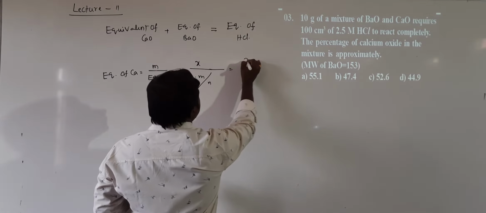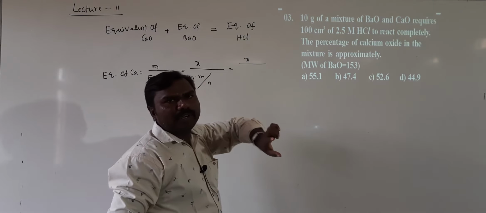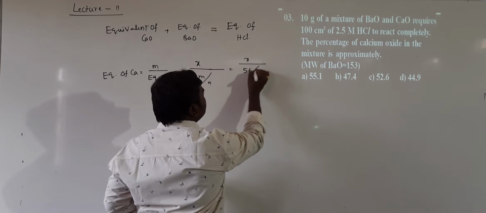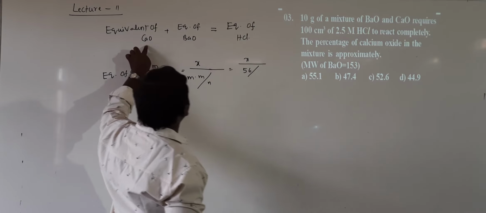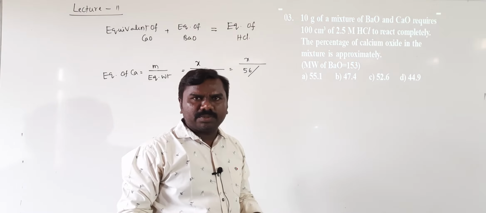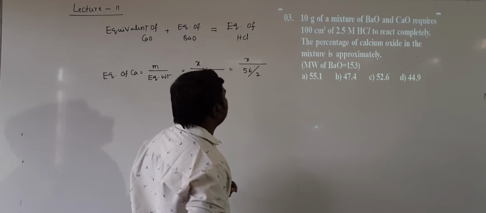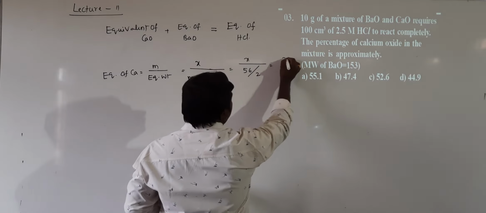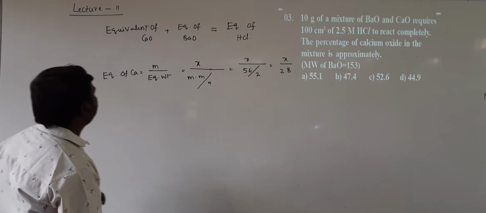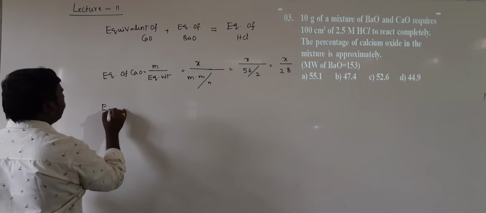So, x by molar mass of CaO: calcium 40, oxygen 16, that is 56, by n factor. Here Ca plus 2, oxygen minus 2, it means 2 is the n factor. On solving this, you will get x by 28. That is the equivalence of CaO.